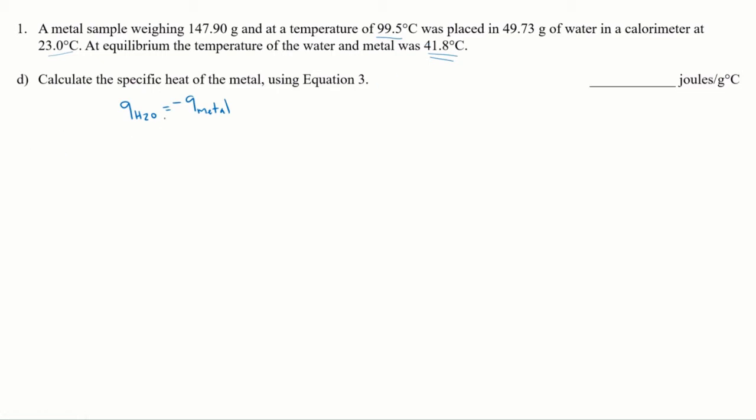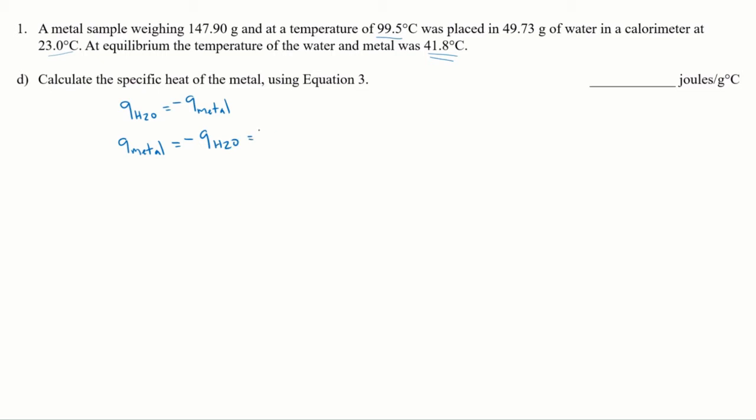Okay, we already calculated the amount of energy of water in part C, and because we calculated already, we already know what Q of the metal is. So Q of the metal is simply negative Q of water.